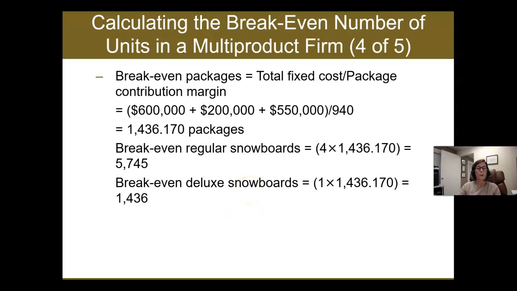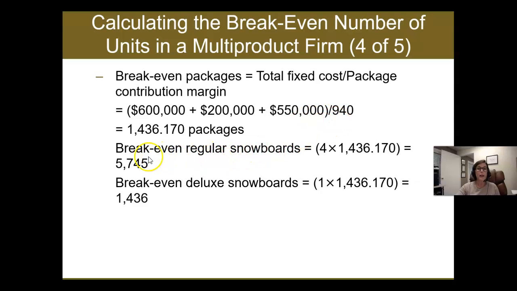So now at this 4-to-1 sales ratio of the regular to the, I don't know, was it deluxe or the super duper, we need to figure out how we break even. How many of those gets us at the break even point? So we take the total costs of the regular plus the deluxe plus our common costs, add those together and divide those by the 940, which is the mix of the contribution margin between the two products.